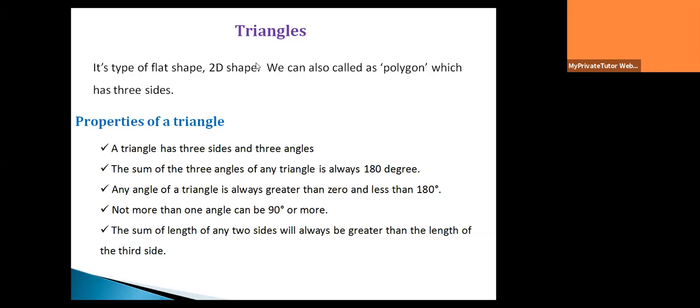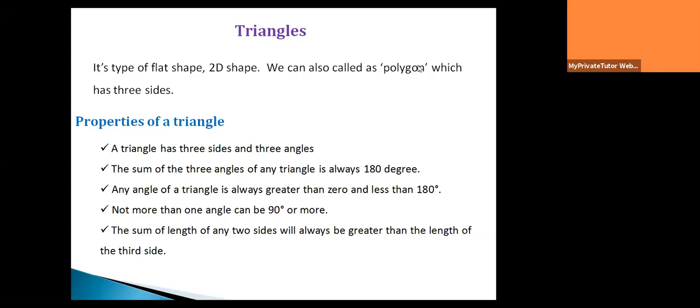Okay. So what are the properties of a triangle? Just have a look at these. I hope you guys know all these things. A triangle has three sides and three angles, as you said, and the sum of the three angles, okay? Those three angles are the interior angles.